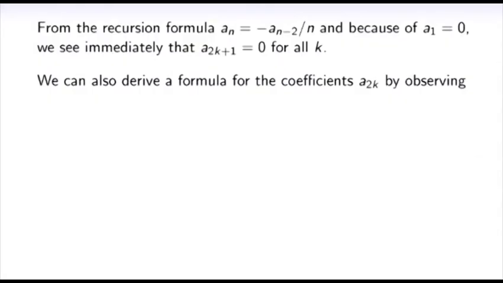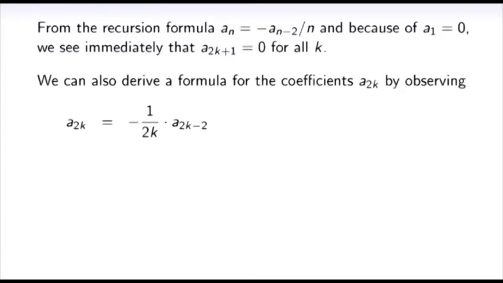So this is quite easy. It is a bit more difficult to find a general formula for the coefficients with an even index. I write those as a2k, because 2k is always an even number. But we can do this by looking at a few steps of this recursion, so this stepwise process of computing the numbers. We know that a2k is 1 over 2k times a2k minus 2 with a minus sign.